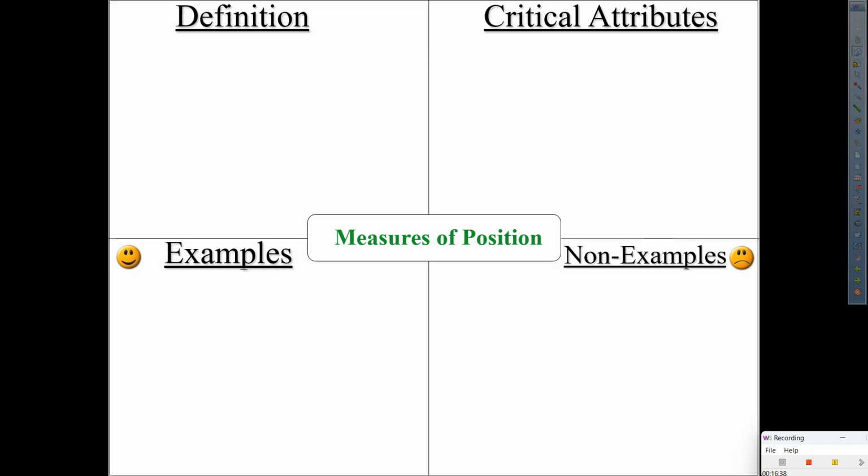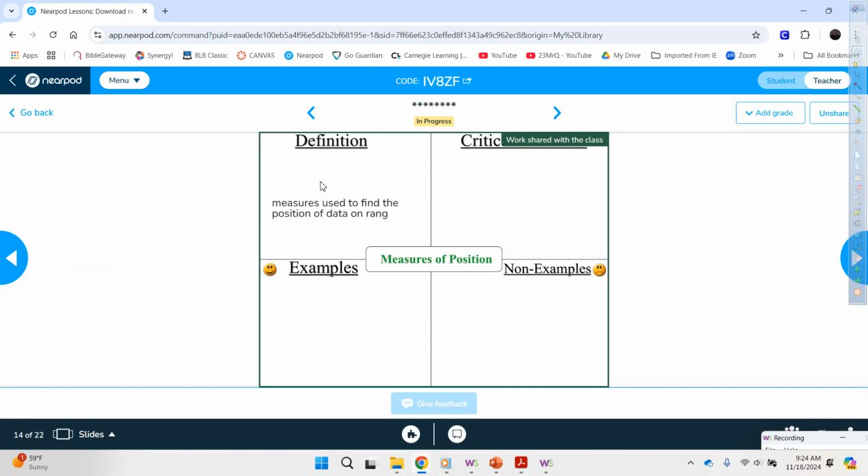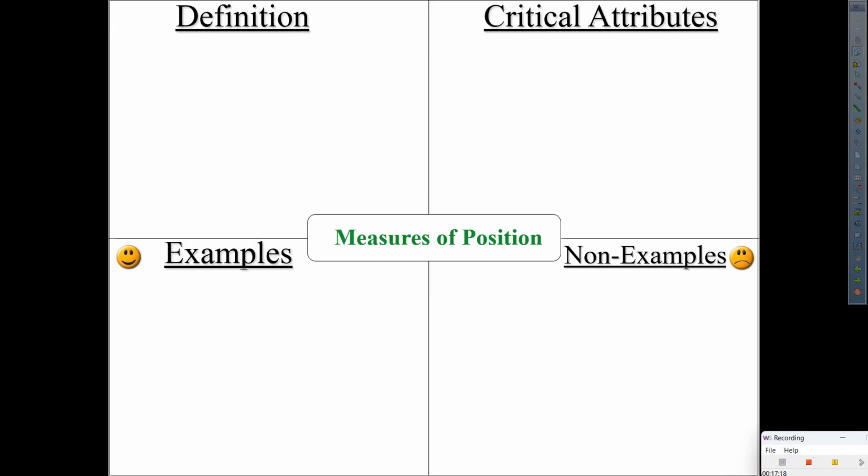Ten, 9, 8, 7, 6, 5, 4, 3, 2, 1. Here goes one from your colleagues. They're still finishing off, but here it is. It says, measures used to find the position of data on range or in a set of data. How about that? Yeah? All right, not bad.